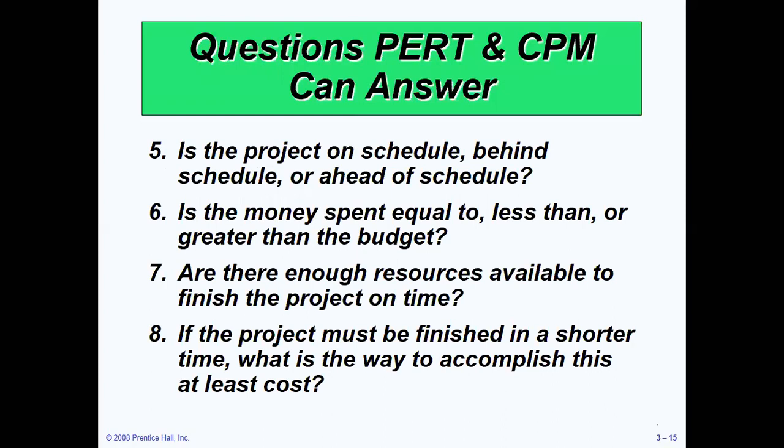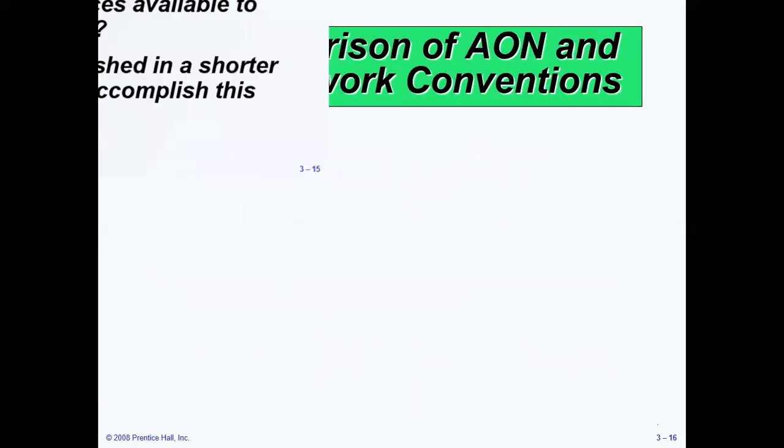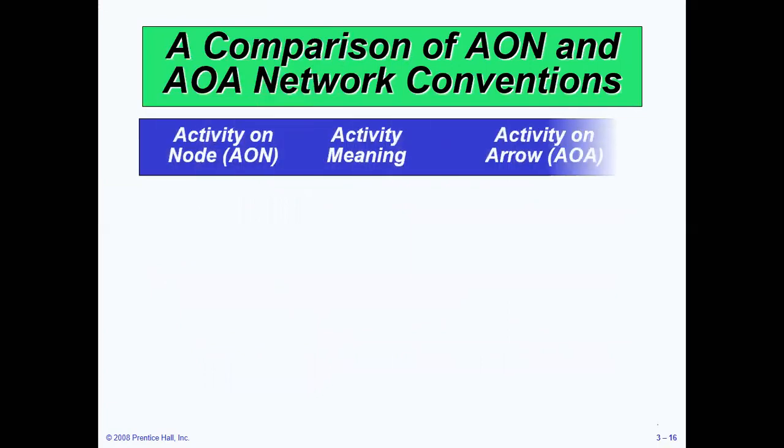Is the money spent equal to, less than, or greater than the budget assigned? Are there enough resources available to finish the project on time? And if the project must be finished in a shorter time, what is the way to accomplish this at least cost?